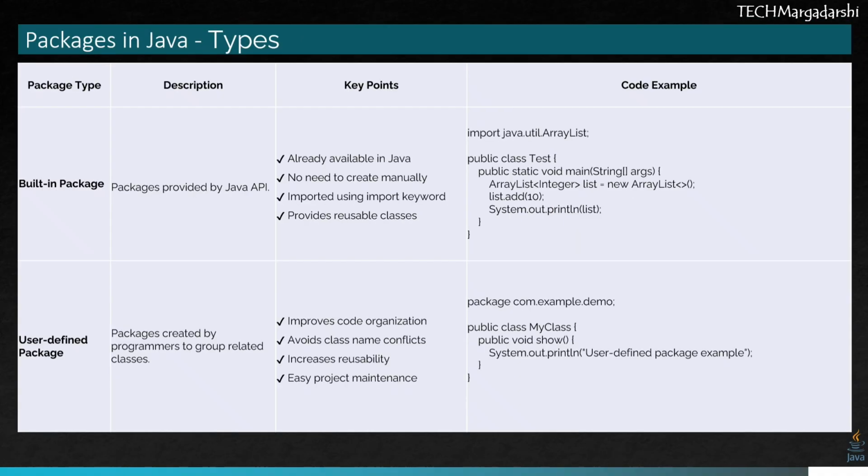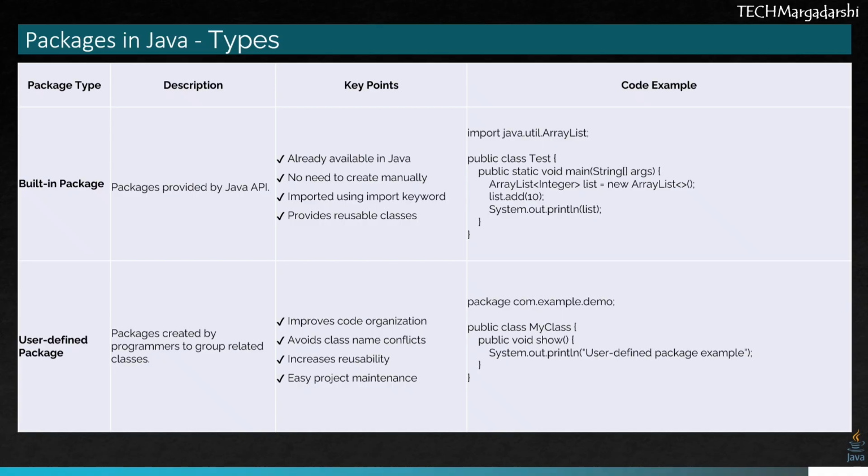Java has two types of packages: built in packages and user defined packages. First, let's talk about built in packages. These are packages already provided by the Java API, such as java.util, java.lang, and java.io. They contain ready to use classes like ArrayList, Scanner, and File.